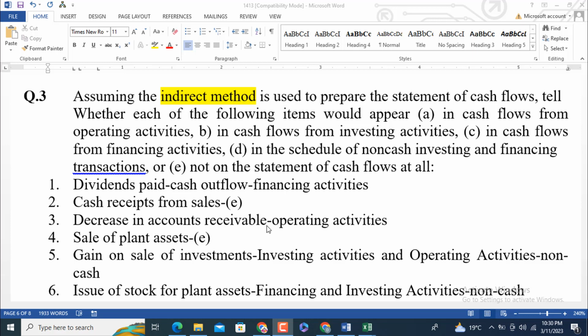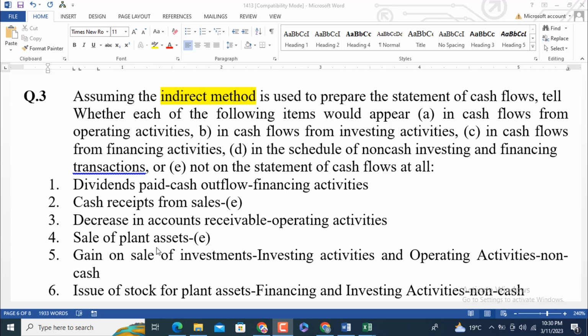Decrease in accounts receivable, operating activities. This is related to the changes in working capital, and it is related to current assets. So decrease in accounts receivable is related to operating activities, and further it belongs to the change in working capital.